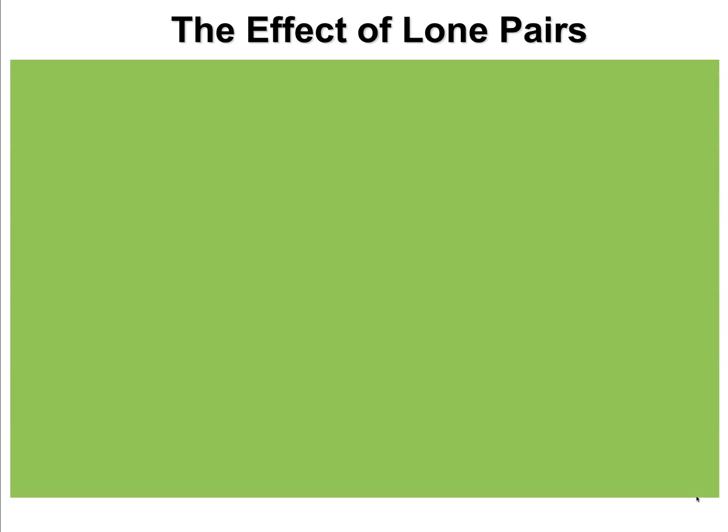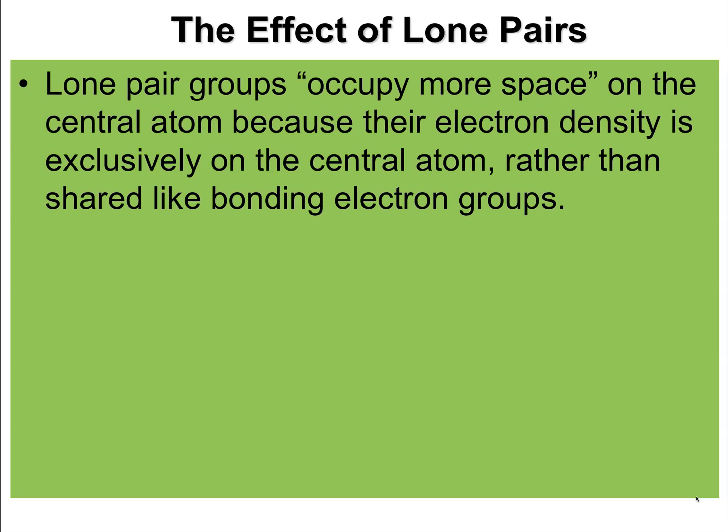All right, so the effect of lone pairs, what are they doing? How are they affecting the molecular geometry? And how do they support these other shapes occurring? Well, at the end of the day, lone pairs occupy more space. They take up more room of electron density than a bonded pair of electrons.